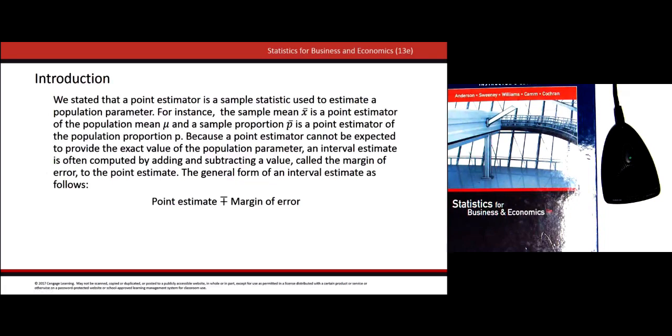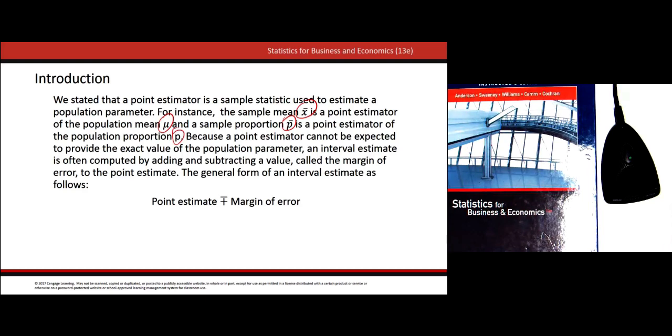A point estimate is a sample statistic used to estimate a population parameter. If the population mean is unknown, you can calculate the sample mean to estimate the population mean. Or if you need to estimate the population proportion, you can calculate the sample proportion.